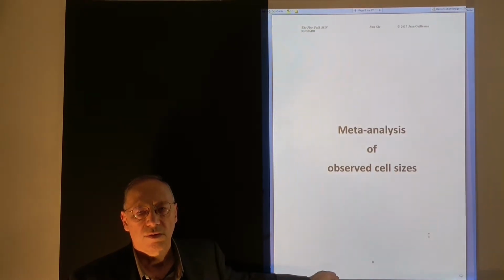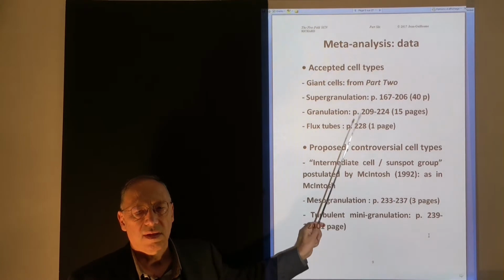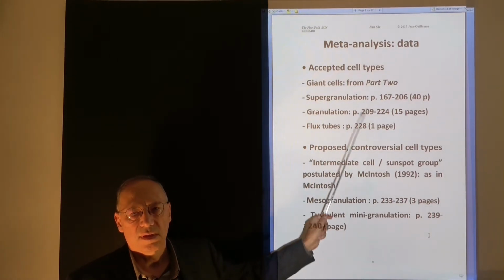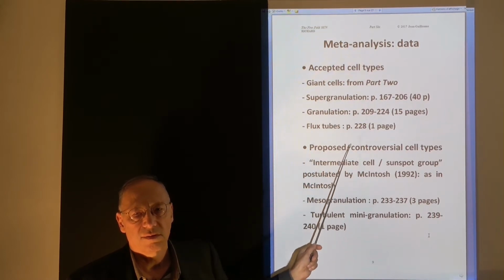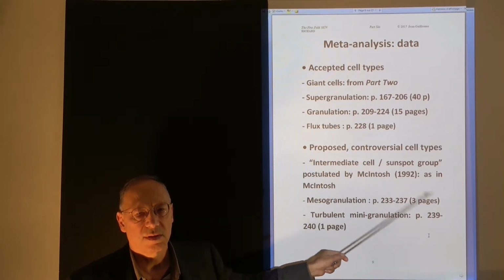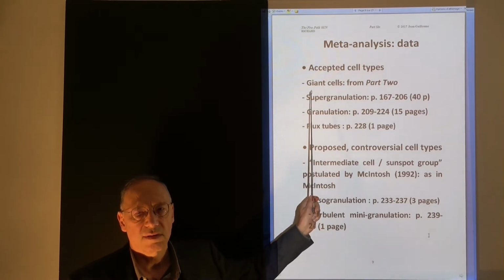So now we go through the meta-analysis which was performed in 2017 in the Fivefold Sun project to arrive at a sort of update of Patrick McIntosh's landmark classification. In the data, we will have two distinct categories of cell types, those that are fully accepted and those that are proposed and remain at least partly controversial. The accepted types are the giant cells.